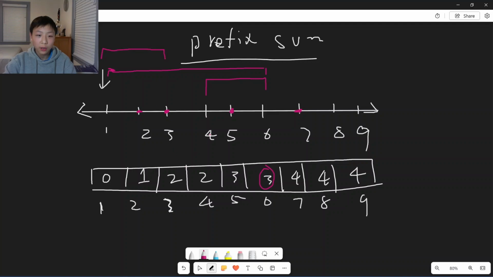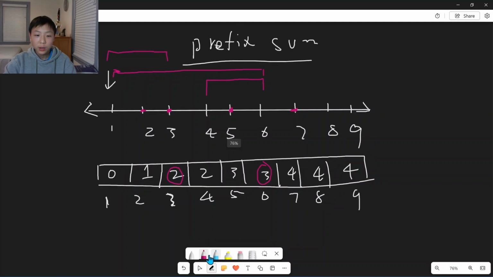The start is 4, minus 1 is 3, so we're going to subtract this number. And if we subtract that, we have 3 minus 2, which will give us 1 hay bale from position 4 to 6. And if you think about it, it does make sense, because the first interval we take is this big one, subtracted by this one, so we're only left with this one. And this seems like a valid solution.